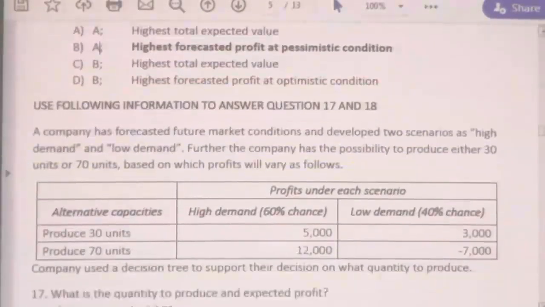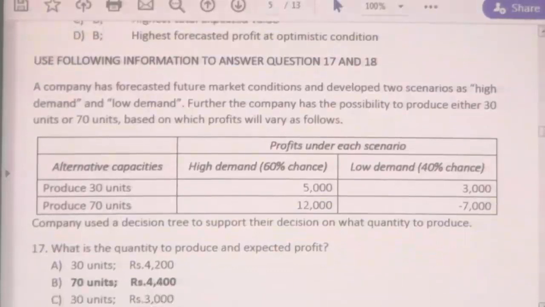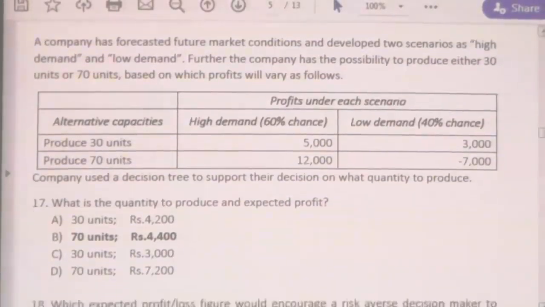Then we will move to questions 17 and 18. Now again you have two conditions: producing 30 units and producing 70 units.